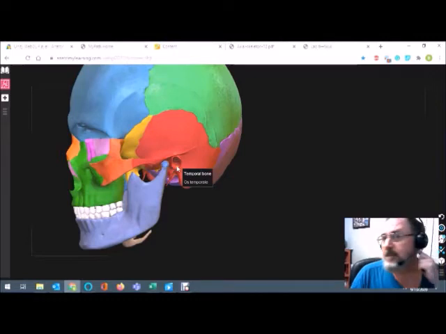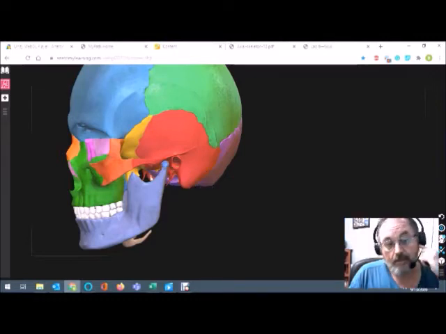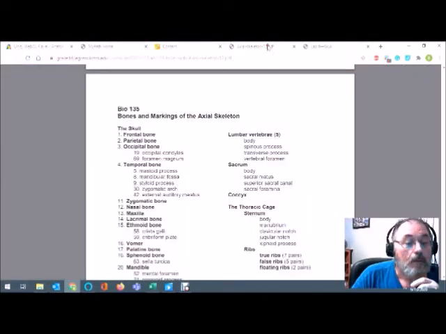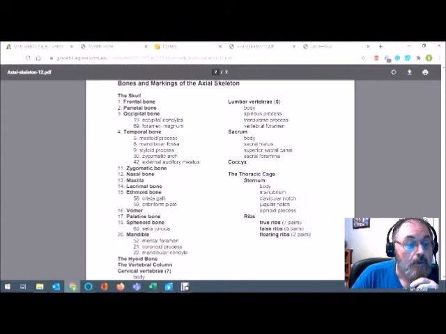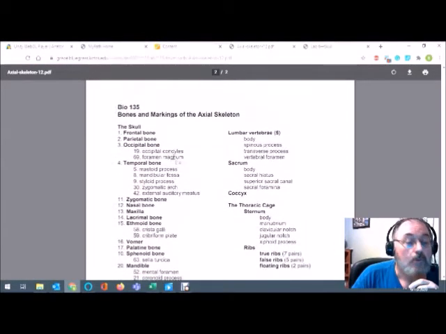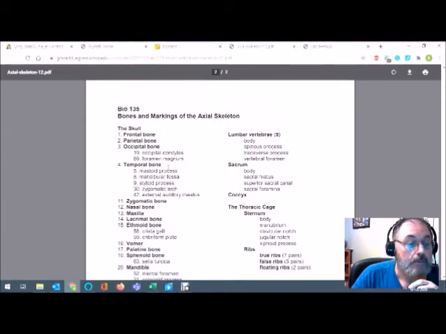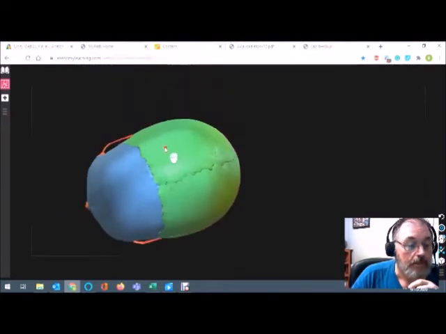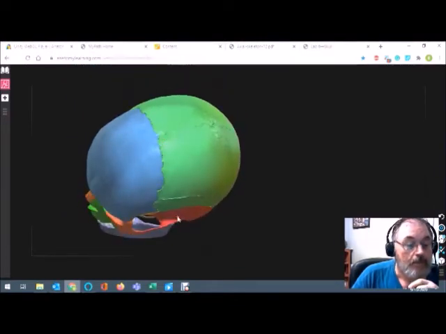But on the opposite side, it actually slides down and forward and comes out. So those are the major processes there. Just for clarification's sake, in case I didn't mention it, this is the zygomatic arch.